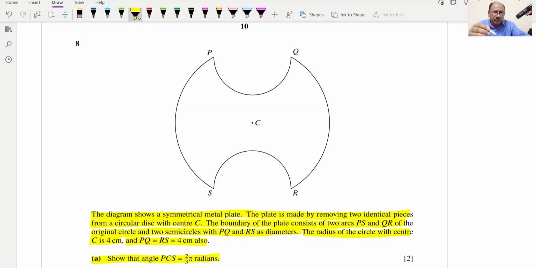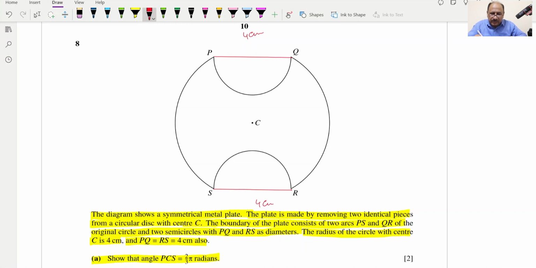So what we will do, first of all, we will join P with Q, and this one is 4 centimeters. And similarly we can join R with S, and this is also 4 centimeters.